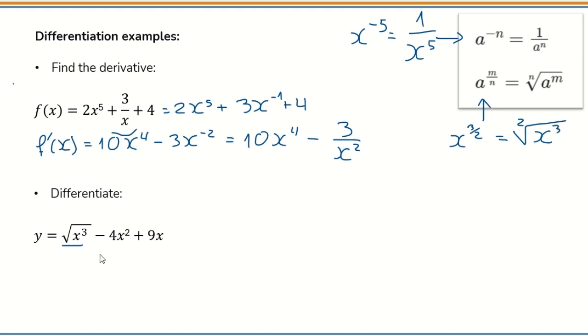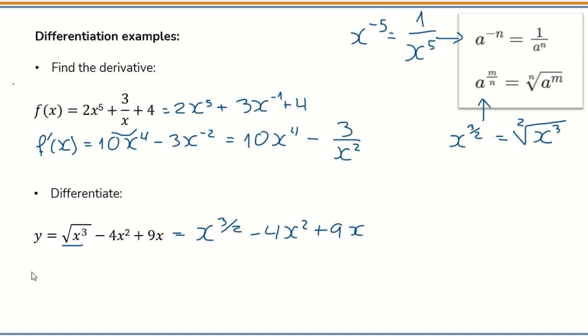So now we can convert this function into x to the power of 3 halves, because it's a square root, minus 4x squared plus 9x.